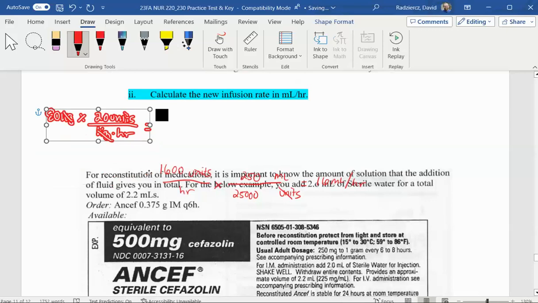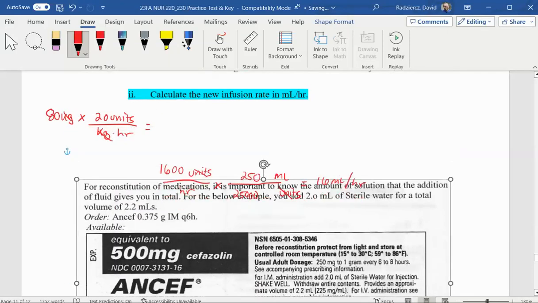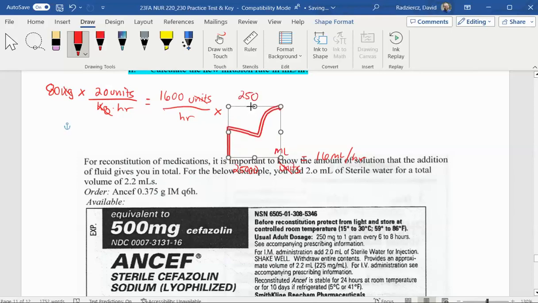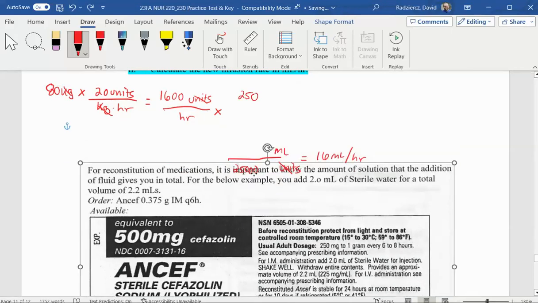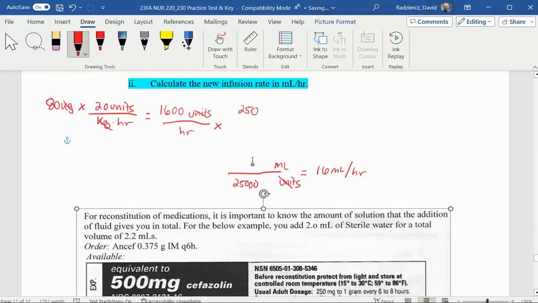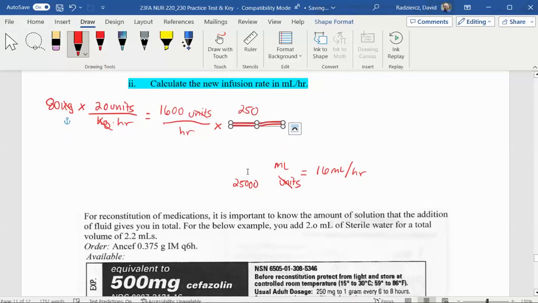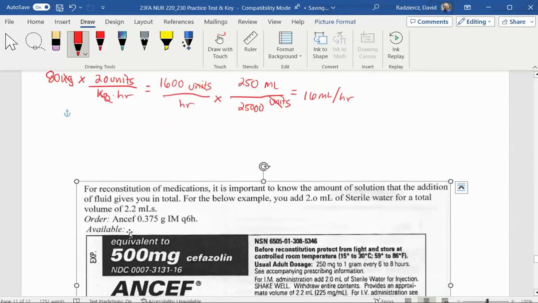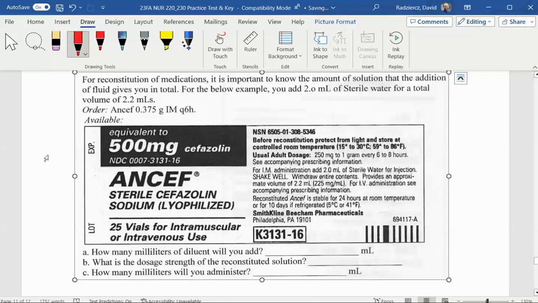Oh, I can. Sorry. There's a reason I'm doing all this, I promise you. Okay. I forgot that this was an image and I can just shift it.